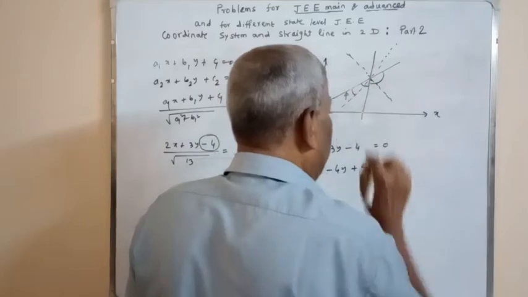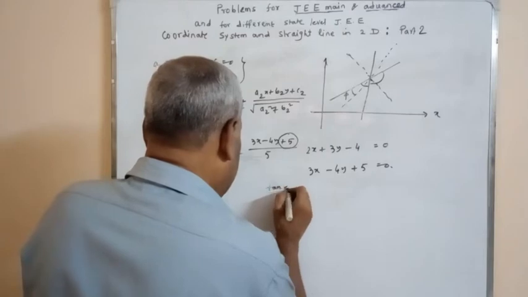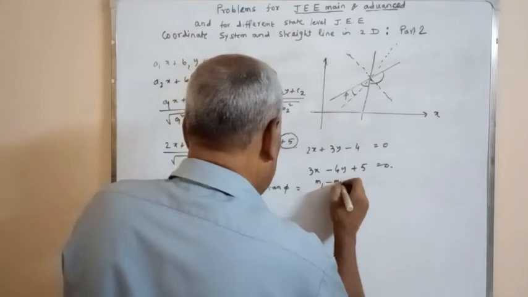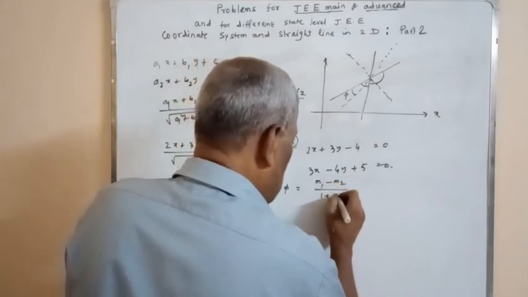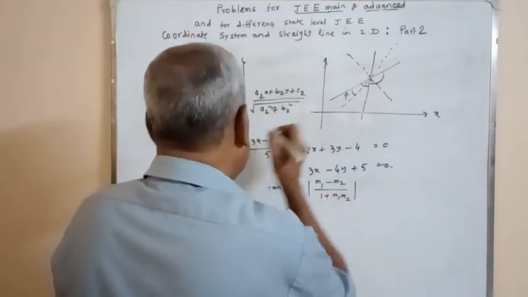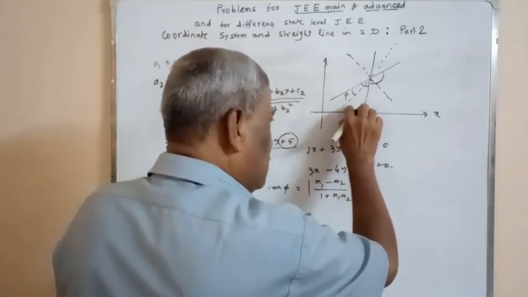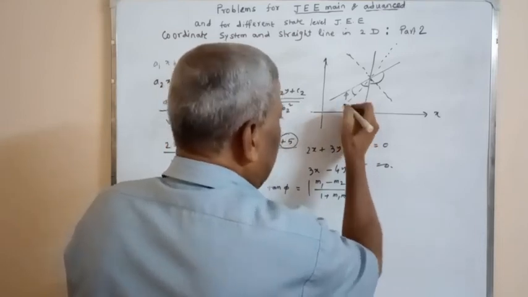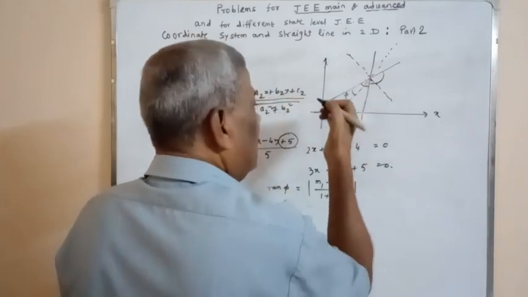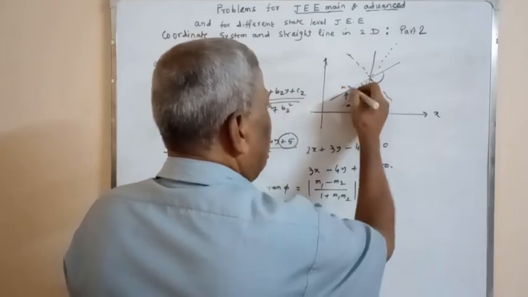For the purpose, use the formula tan phi is equal to m1 minus m2 by 1 plus m1 m2. Suppose this bisector, made using the plus sign, has gradient m1, and take any given straight line with gradient m2, then find the angle.